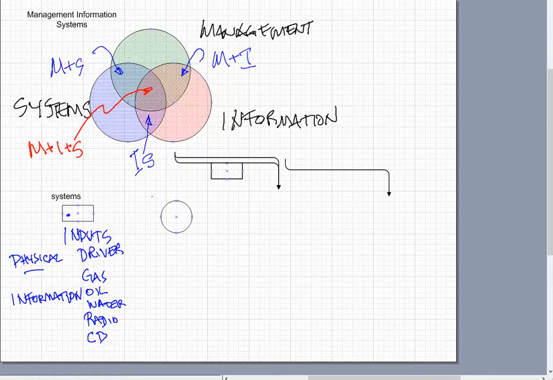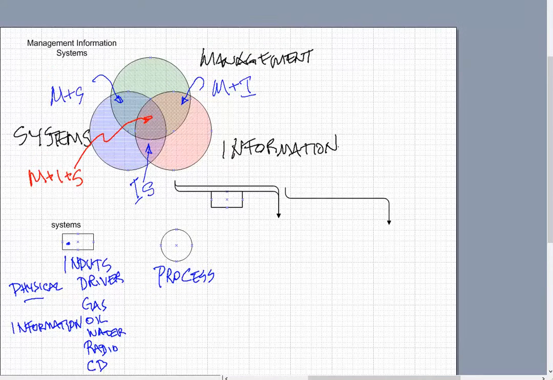And all these things basically wind up going from the inputs to the actual processes, and these are represented by a circle, the process, the transportation process.